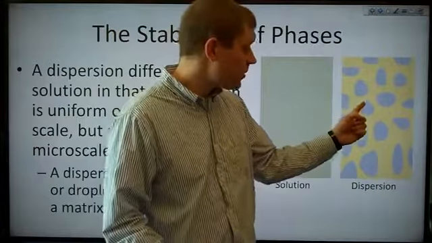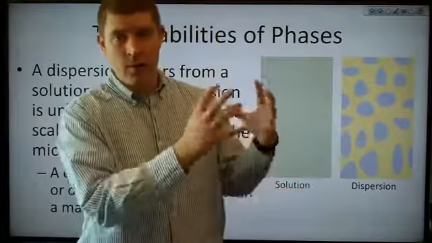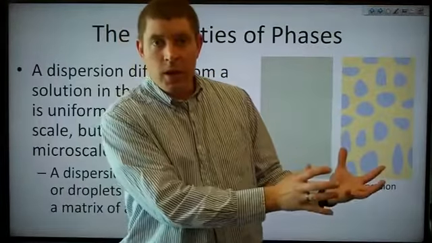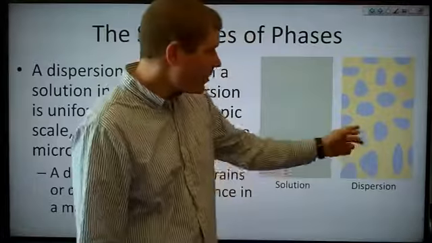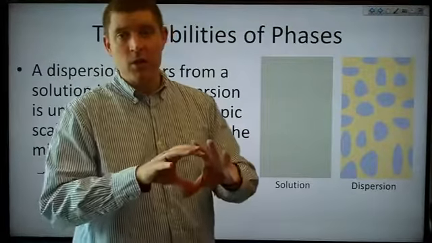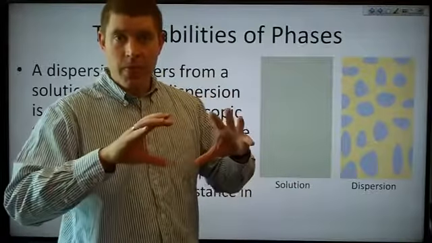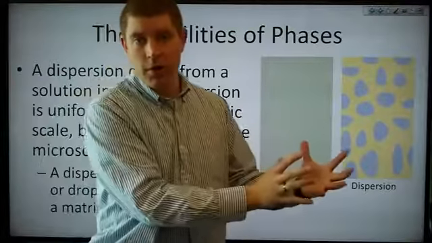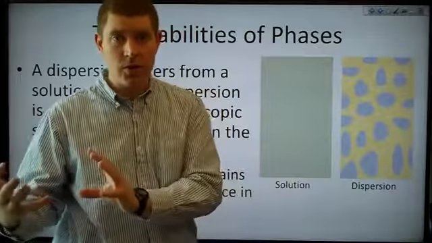So we have two different phases. So in the darker areas, we have more of a certain element or compound maybe, and in the lighter areas, we have more of a different compound or element, or they might even just be two different structures where the local structure in one phase is different than the local structure in another phase.